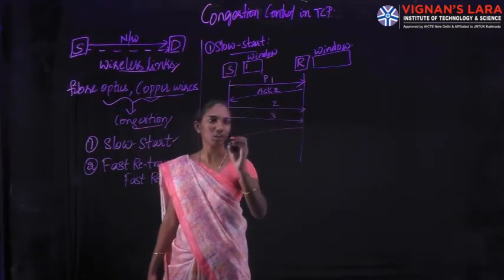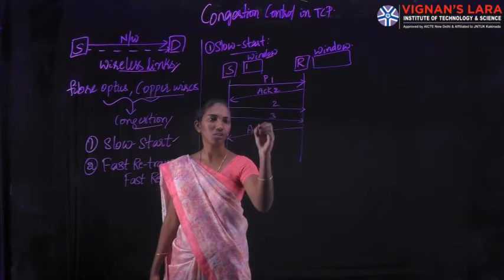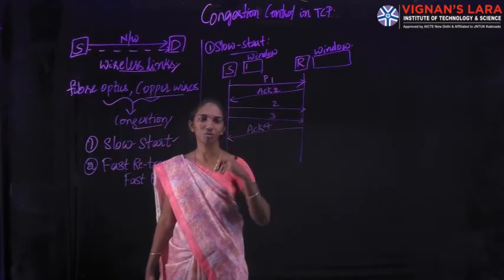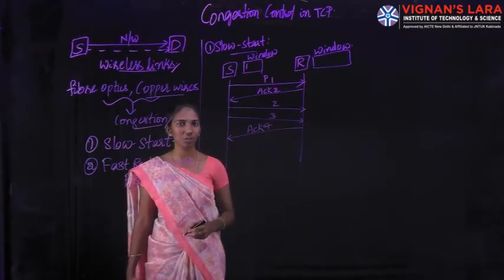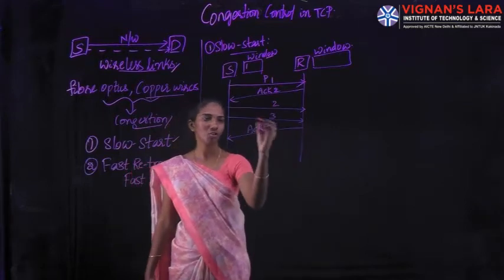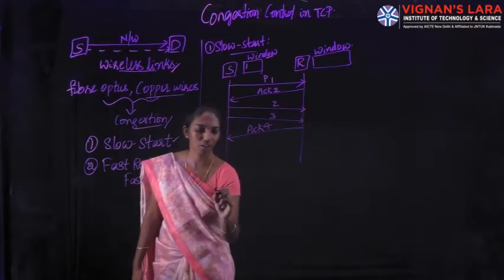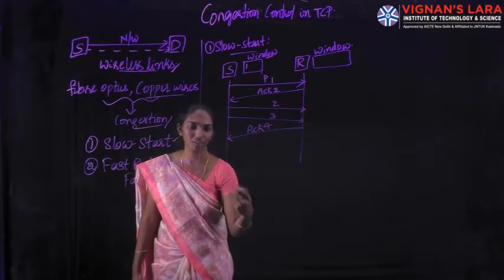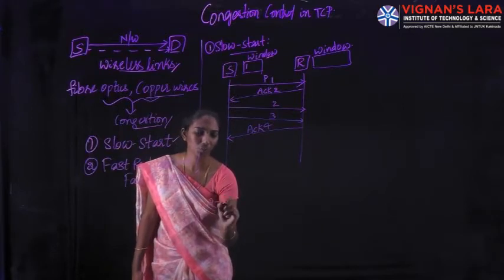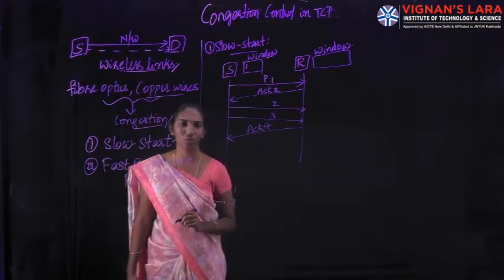On successful reception of the data, it is going to send acknowledgement number 4. Okay. So it has reached the fourth acknowledgement. Now what is the window size? Initially it is 1 and it has sent 1 data. After successful acknowledgement it will be 2 and it is going to send 2 packets of data, right?